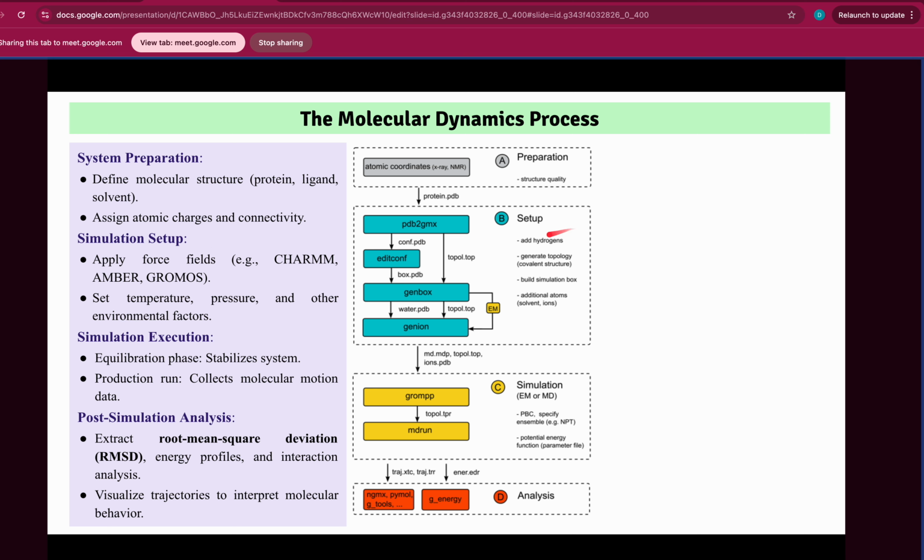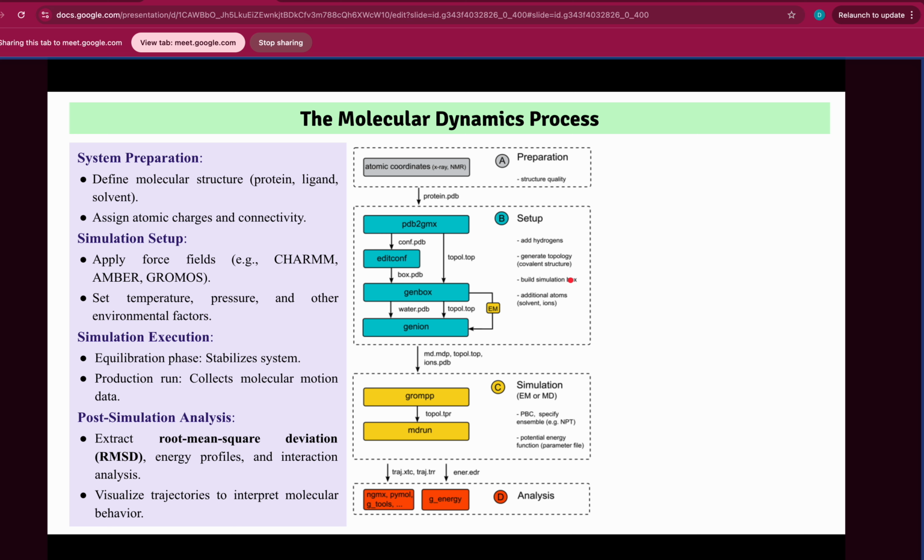In the second step, along with this, we also add hydrogens. We generate a topology in which the particular protein's covalent structure is mentioned. Then we build a simulation box. The simulation box defines which part of the protein you want to focus on. Generally, if a protein is very large and you are only interested in the active site, if you want to study binding of a ligand at the active site, your simulation box will comprise the near active site residues.